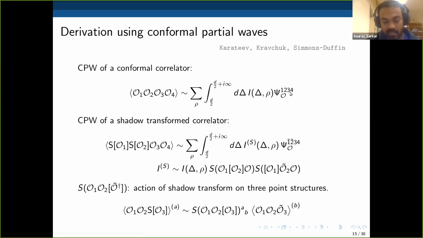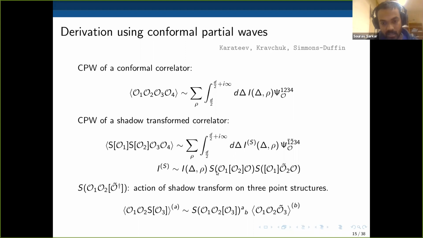Let's take the partial wave expansion of the correlator, and if we apply the shadow transform on two of the operators, then the shadow transformed correlator has this expansion, and the spectral function is related to the original spectral function with these two coefficients.